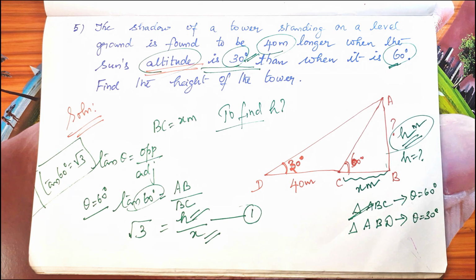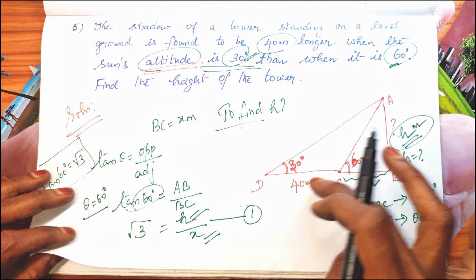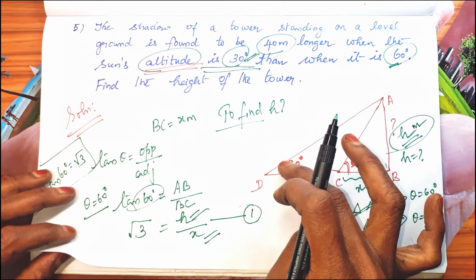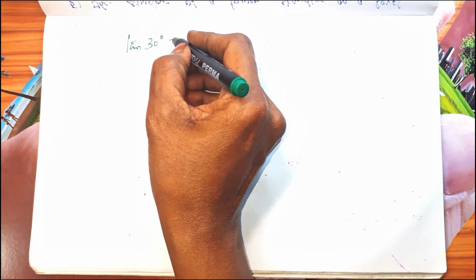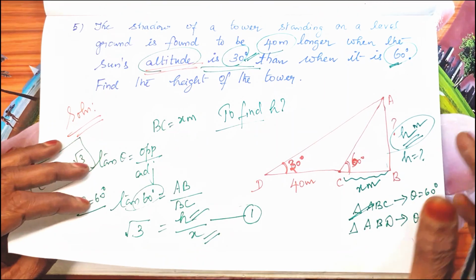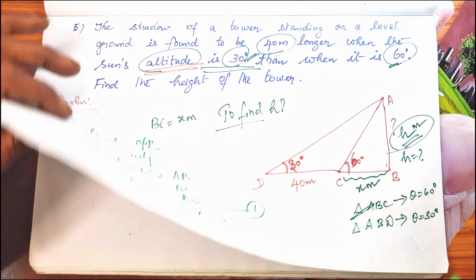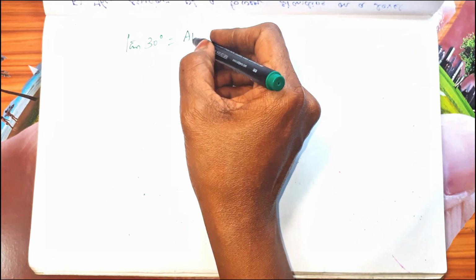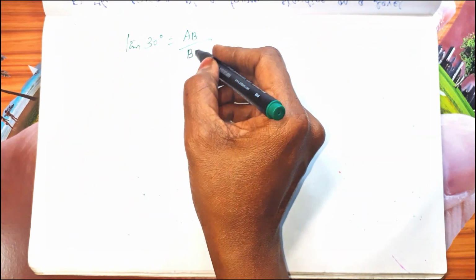Now we are going to take the second right angle triangle, triangle ABD. In that we take theta as 30. So tan 30 degrees is equal to opposite side by adjacent side. The opposite side is AB, the adjacent side is BD.